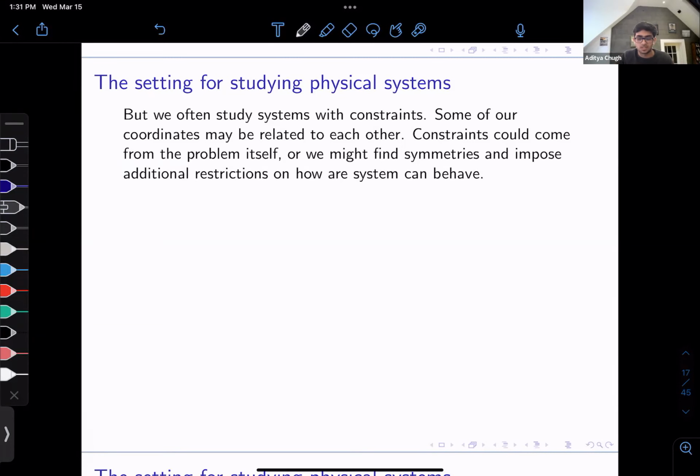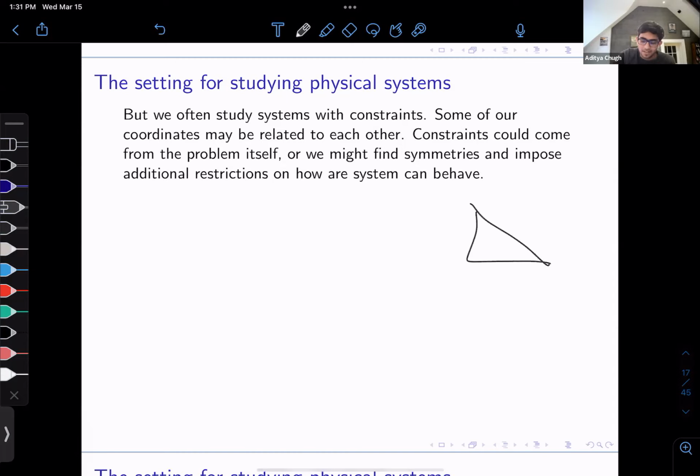Those are some of the constraints, and these might come from the problem itself. For example, we saw the block on an incline, and that's a constraint. The block will move along the incline. It can't fly up from the incline, but has to stick to the incline and go down, and that's a constraint.